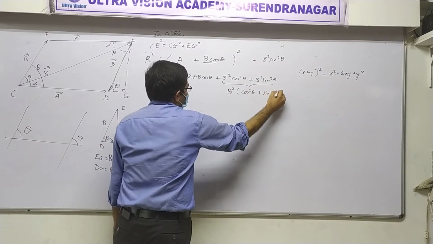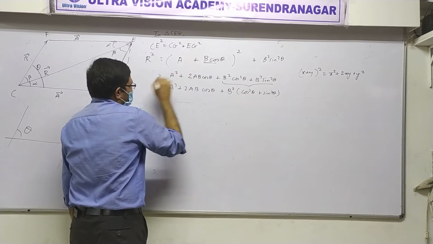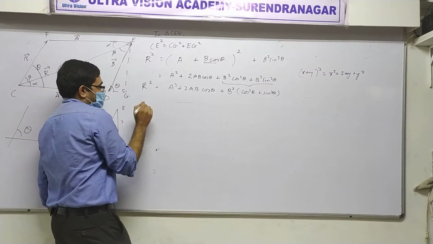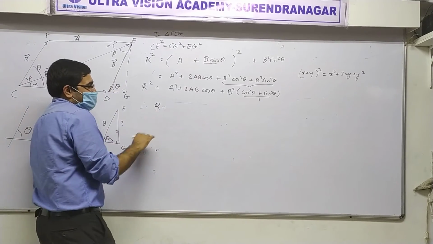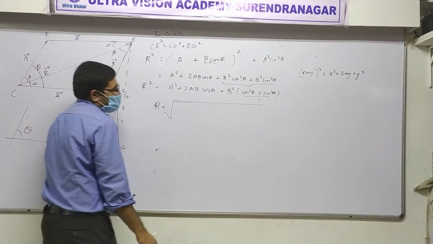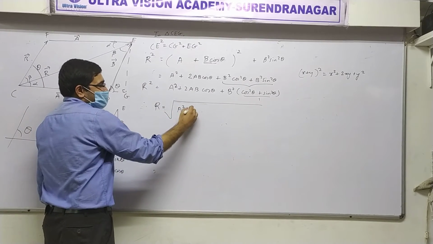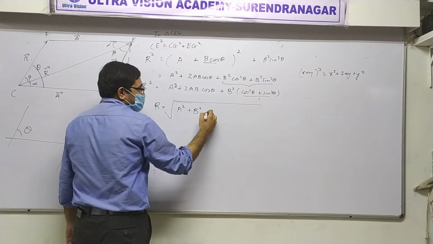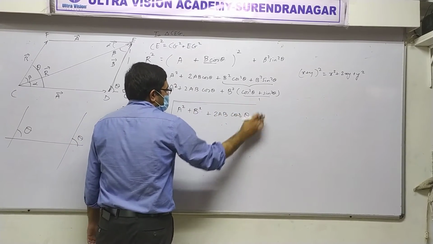Cos square theta plus sin square theta, and a square plus 2ab cos theta as it was. Understood? What's cos square theta plus sin square theta? 1. Sure? Okay, the final step is R is equal to, see, you put this as 1 and then you take square root. So square root of a square plus b square, because b square into 1 is b square, plus 2ab cos theta. Did you understand? Yes.